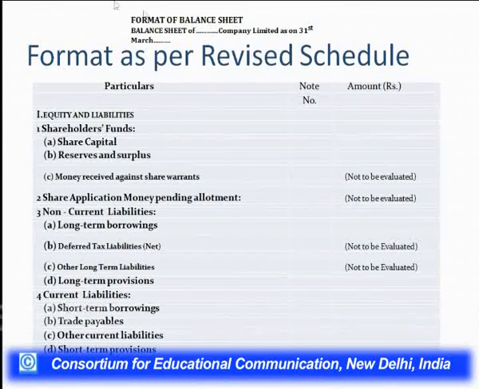Then if you look at the columns, we have three columns: particulars, note and amount. The column in the middle, note, is now very important. Generally it was not there in the past. We are required to show all the details of our calculations, our workings, and they need to be numbered.